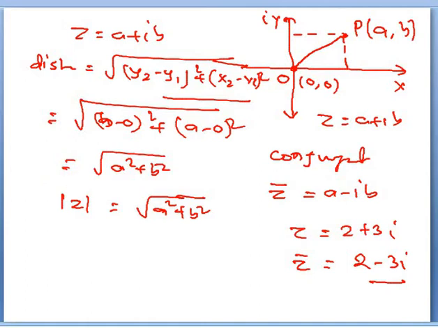Now moving to the next one. What happens when a complex number is multiplied with its conjugate, that is, z into z bar? Suppose z is the complex number a + ib. So we can write (a + ib) into (a minus ib).